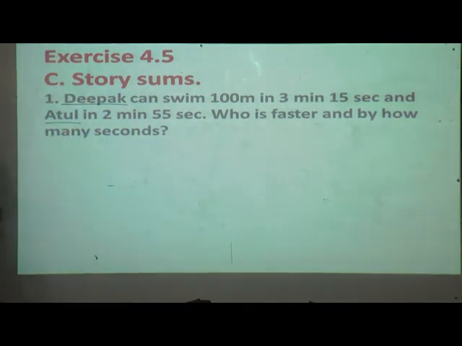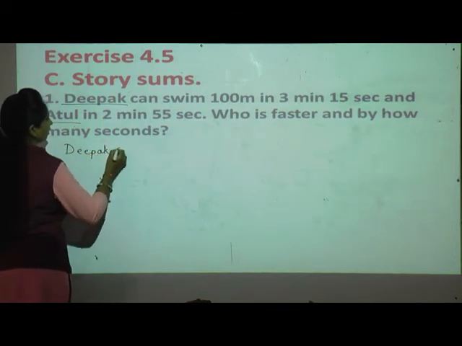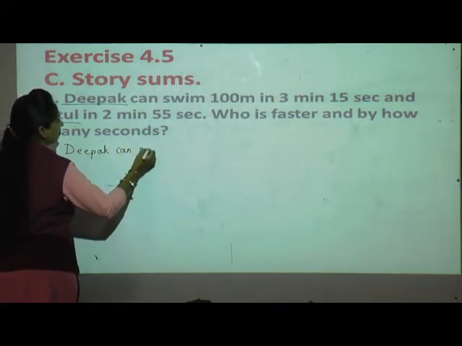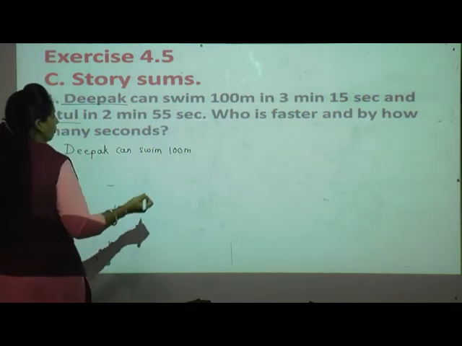By how many seconds? See, we have to find out by how many seconds. So for that, what we have to do? Yes, you are correct. We have to subtract. First, we will write the given information. Deepak can swim 100 meter in how many minutes?